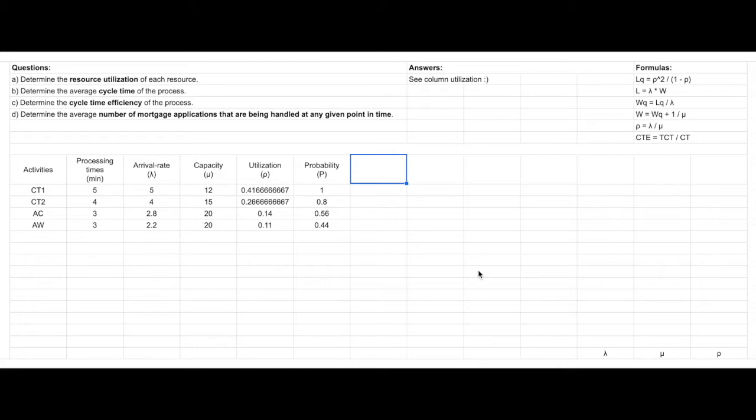To calculate the system time, and we're going to need to add another column here, we learned the formula W equals the wait time, that we also called WQ, plus 1 divided by resource utilization, right?